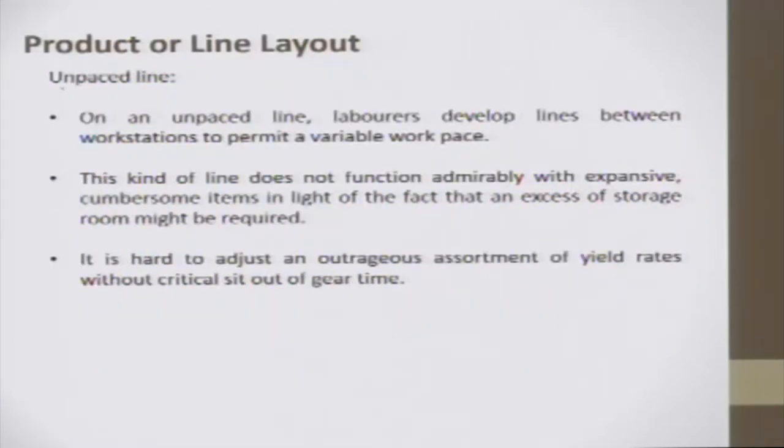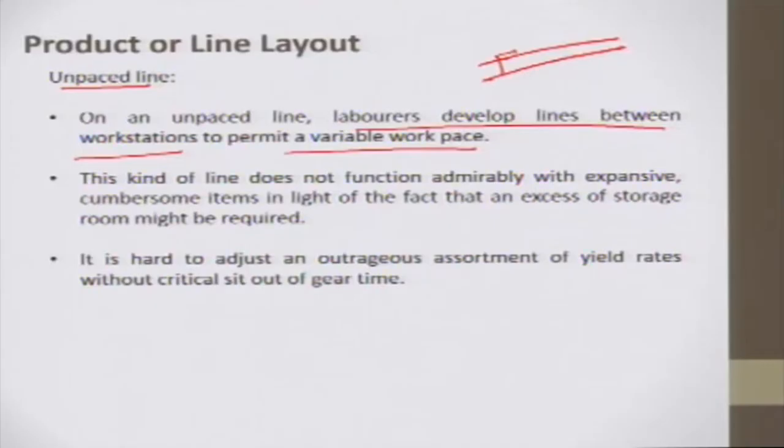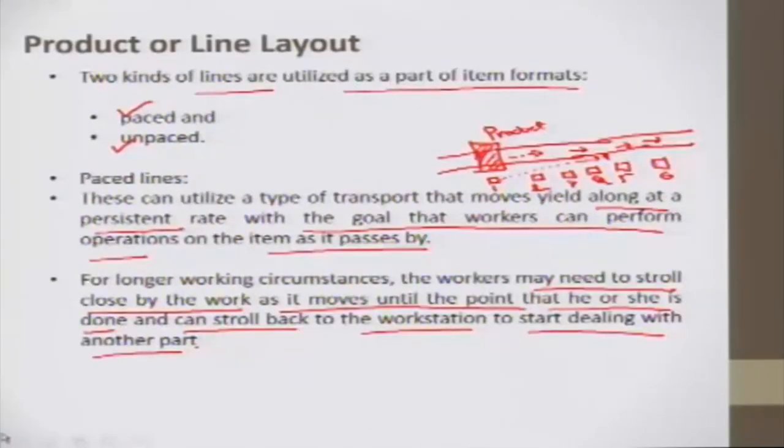Next is unpaced line. In an unpaced line, the workers build lines between workstations to permit variable work pace. So what happens in unpaced line? The product is not fixed on the conveyor. It is not fixed. When I use the word product here, by product I mean my work or my workpiece.